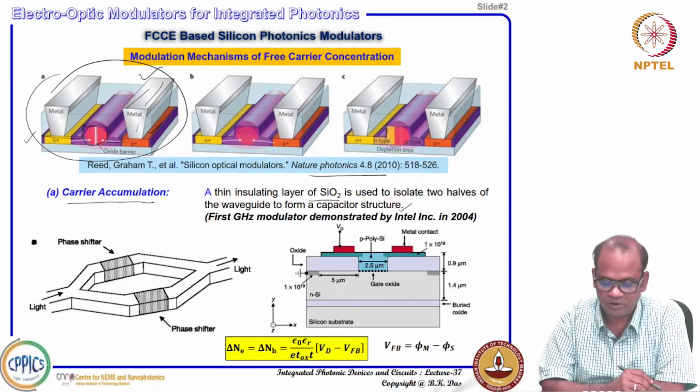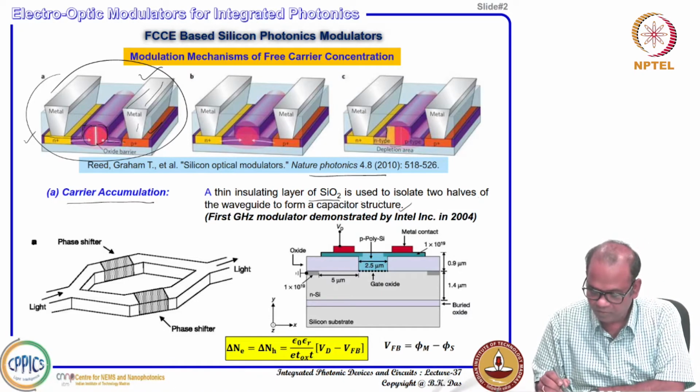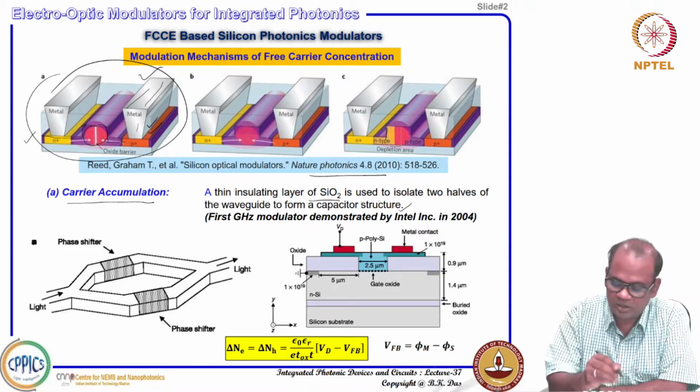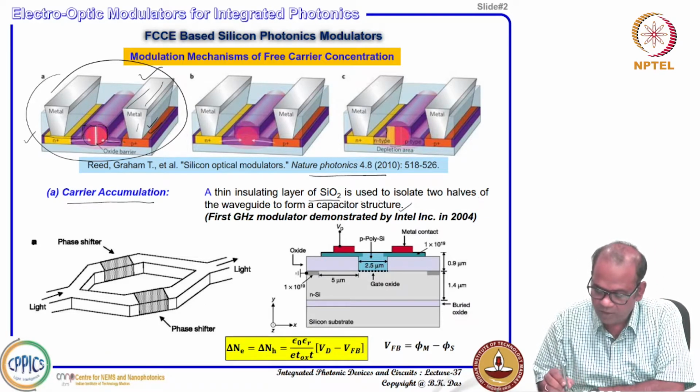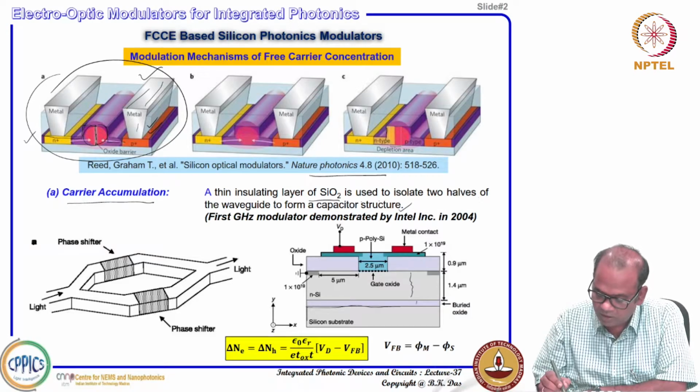Now, if you see this cross section a little more elaborately, one of the demonstrated devices using this structure is shown here, where you have the silicon substrate here up to here. This is the silicon substrate, and then this is your BOX layer. Of course, this BOX layer is not shown to scale. Here a small layer of oxide will be there, but this region is n-type doped silicon.